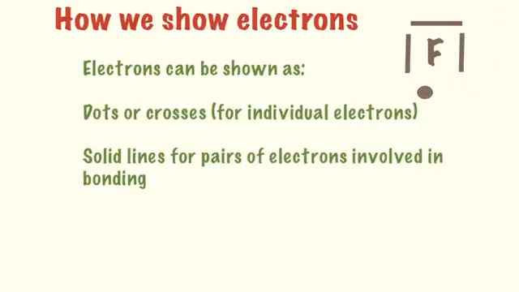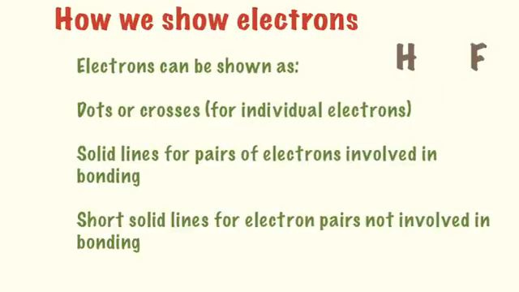So if I use a combination of these things, I can use my balls again to show each single electron and lines to show pairs. So a fluorine atom could also be shown in this way. It is perfectly acceptable to see a combination of lines and crosses, dots, balls used to show electrons. This is a very helpful hint for when you are doing molecules and compounds later on.